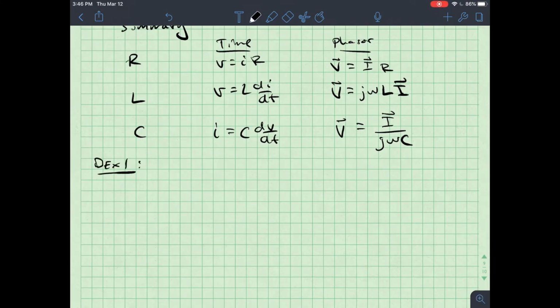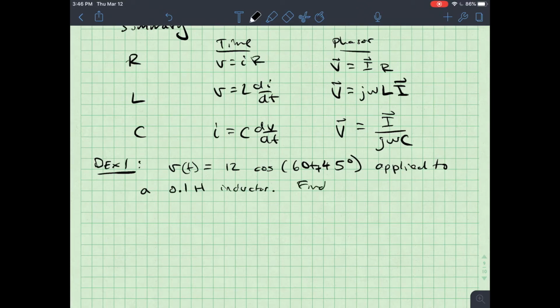I've got a voltage as a function of time: 12 cosine of 60t plus 45 degrees, not 55, 60t plus 45 degrees, applied to a 0.1 Henry inductor. I want you to find the steady state current.